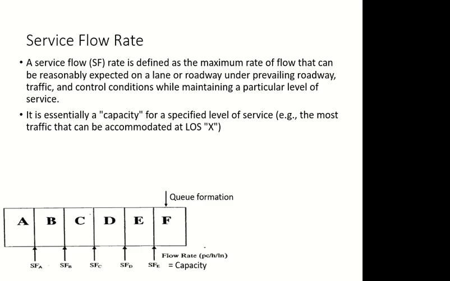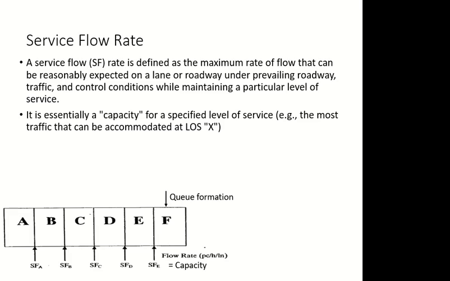The density changes according to flow rate. Okay, the density changes according to demand, but demand is something we cannot measure, so we measure the flow rate. So every level of service has a maximum flow rate, and that is called the service flow rate.